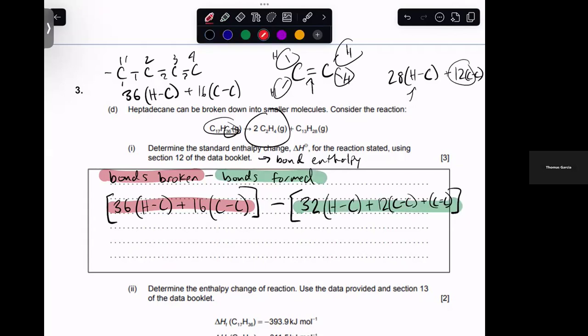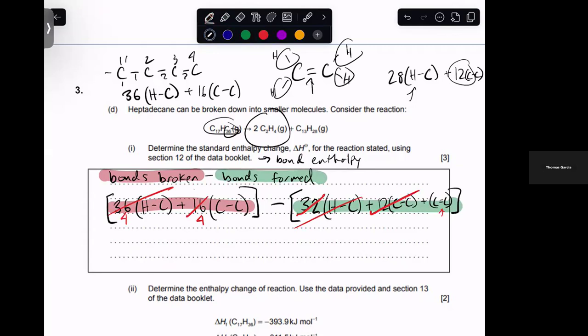To make my life easier, I'm going to cancel out some of these. All 12 carbon-carbon bonds are balanced by almost all 16. We're going to have 4 remaining. 32 of my hydrogen carbon bonds are going to be balanced by almost all of these, so I'm going to have 4 of those remaining. My 1 carbon-carbon double bond will stay the same.